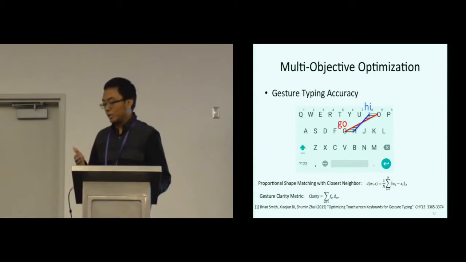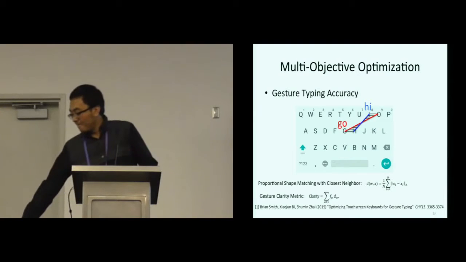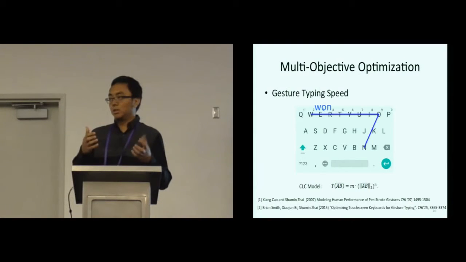So the higher the gesture clarity, the better the keyboard for gesture typing and the more accurate. For details, please refer to this paper. And the second objective is the typing speed. We adopt a CLC model to predict the time users need to enter a word, given its gesture trace.